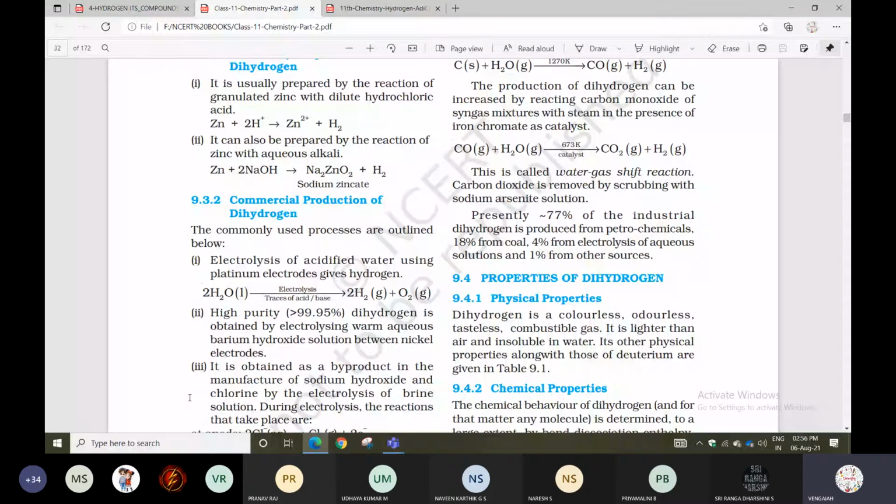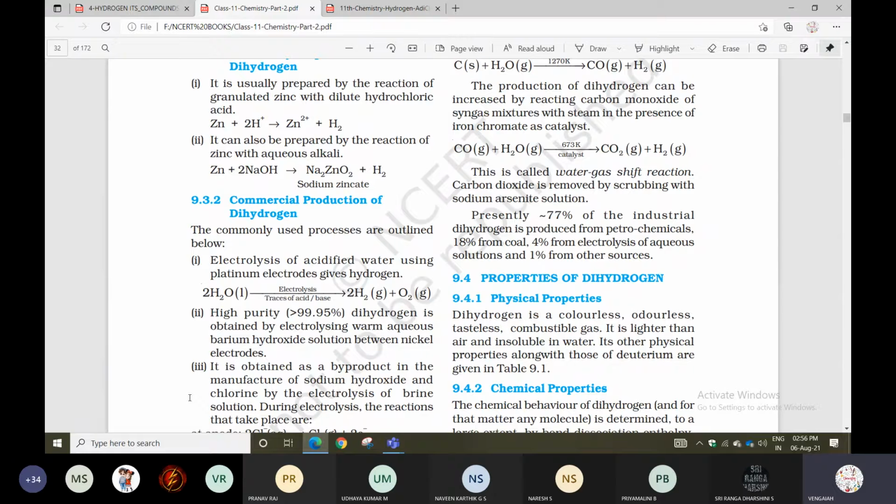With the help of electrodes, you can use either platinum electrodes or nickel electrodes. Nickel, platinum, palladium are in the same group, so you can use any of these electrodes. So by the electrolysis process, with the help of electrodes, you can prepare high purity dihydrogen.